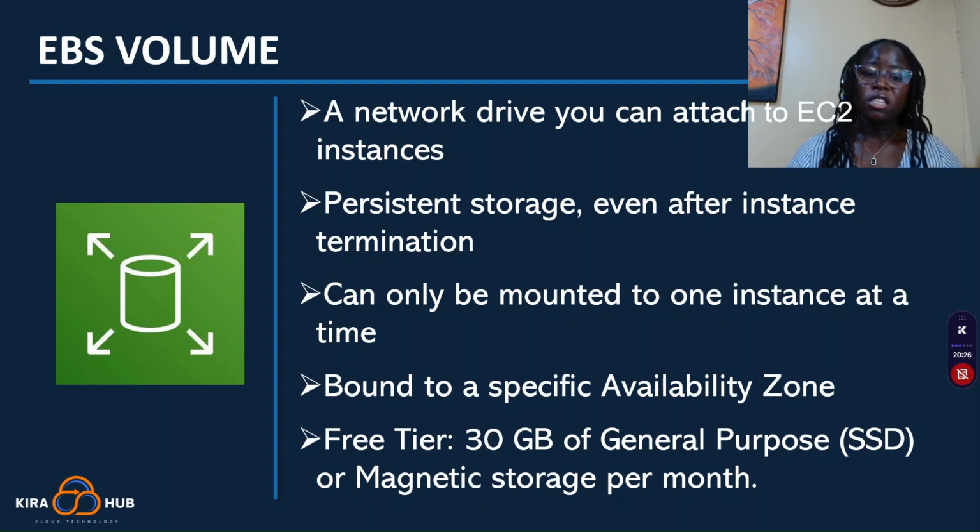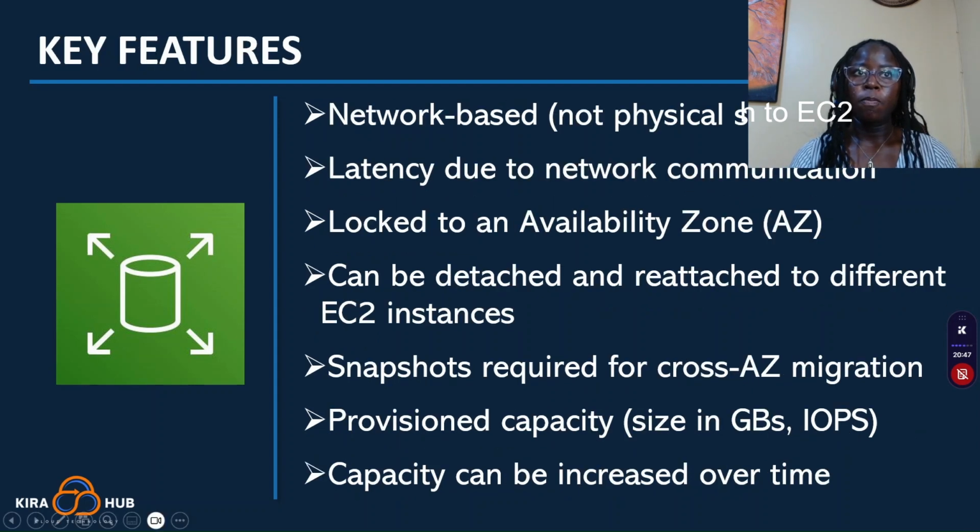Now at the cloud practitioner level, you can only mount one EBS volume to one instance at a time. So it can easily be detached from one instance and attached to another, and it's bound to a specific availability zone. So if we look at some of the key features that we get with the EBS volume, first things first is the network attached storage in this case.